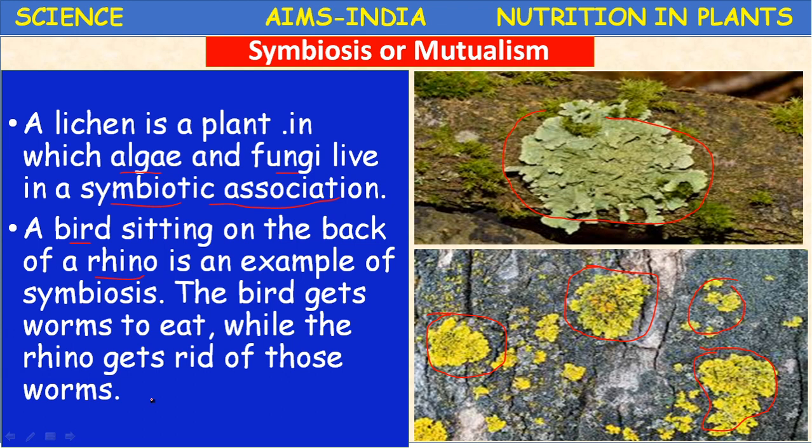Not only this, you can consider another example, that is rhizobium bacteria and the groundnut plant. Plants require nitrogen for their growth. Though 70% and above of nitrogen is present in the atmosphere, that is not useful for the plant. So they take help from the microorganisms present in the soil. Rhizobium is one free living bacteria present in the soil.